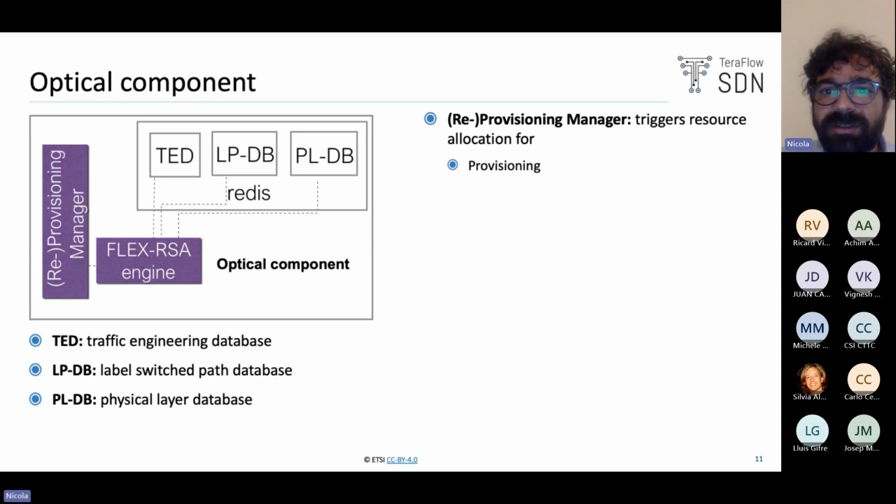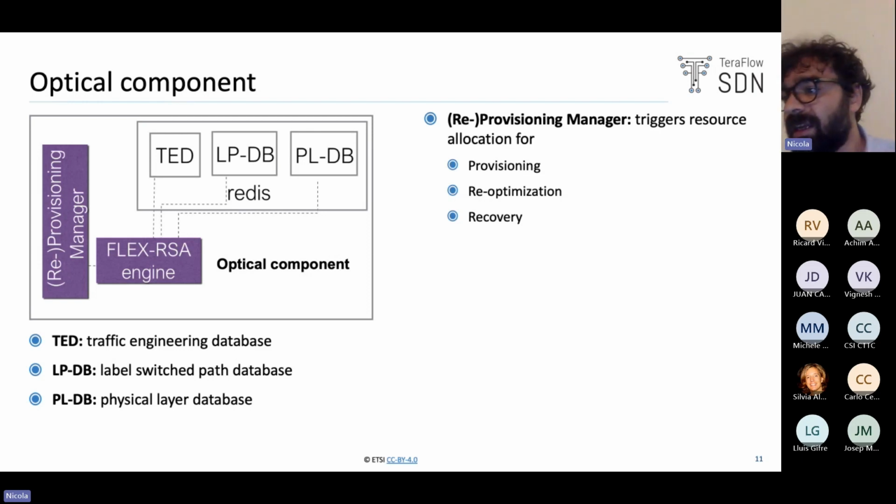The second use case is the re-optimization of some optical services, so we can reallocate the resources for network optimization, or we can trigger resource allocation for recovery purposes. So we can reallocate the resources after a failure, after a soft failure, which means a physical layer degradation. Based on these three use cases, the provisioning manager triggers the resource allocation.